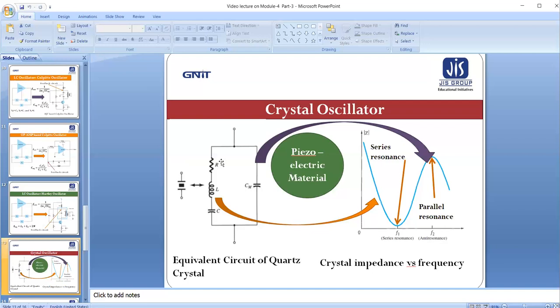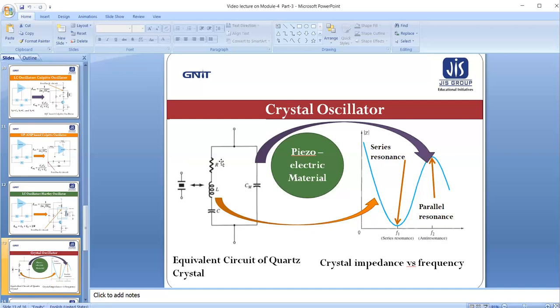So due to this compression and expansion, the mechanical behavior of this material will change, and this mechanical energy is converted to electric energy. When it is compressed, the pressure will be high, so high voltage will be generated. When the material expands, the pressure will be low, so at that time the voltage will be minimum.